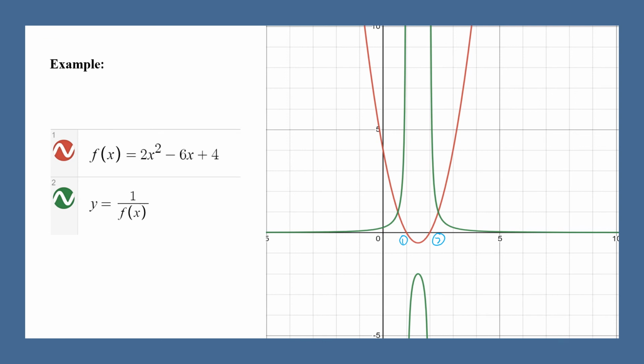And we saw earlier that the zeros of f of x will become vertical asymptotes of 1 over f of x. As you can see there, you have a vertical asymptote here, and you have another vertical asymptote here. Then the vertical asymptotes of f of x will become zeros of this.